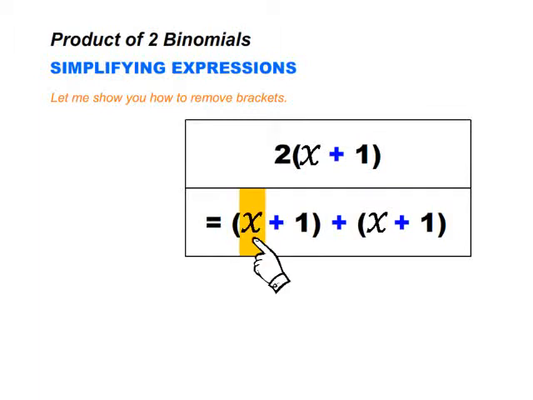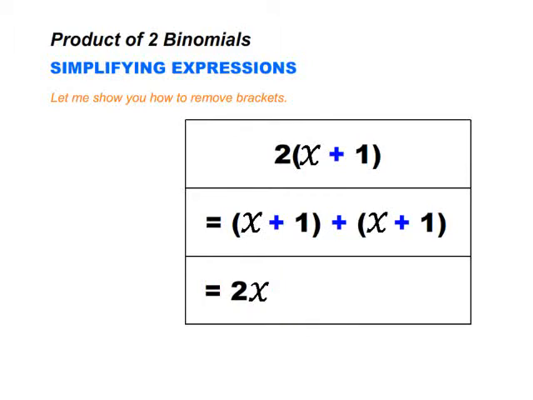This x added with this other x will give us 2x. This number, which is 1, added with this other 1 will give us 2. So this means x plus 1 plus x plus 1 will give us 2x plus 2.